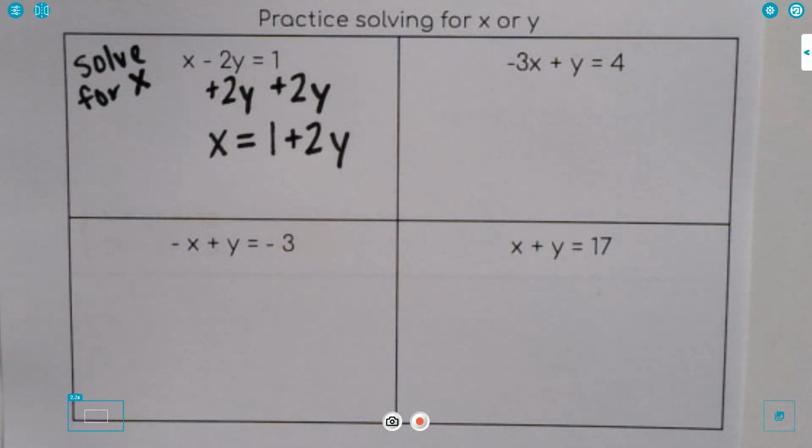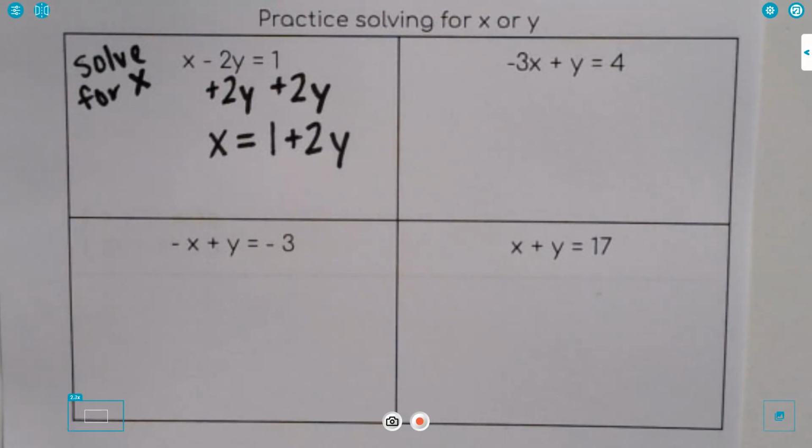We cannot combine like terms there because those are not like terms. One is a constant, one has a variable. So we're just going to leave it as x equals 1 plus 2y. You could put 2y plus 1, it really doesn't matter. You're going to end up plugging it into something anyway. Now we have an equation that's solved for x, so we would be able to plug that in to another equation for x.